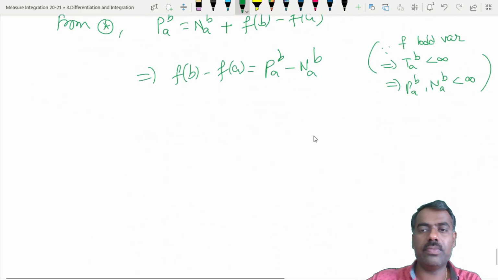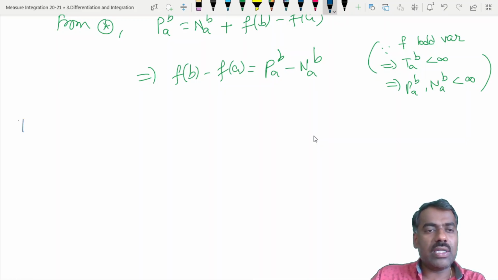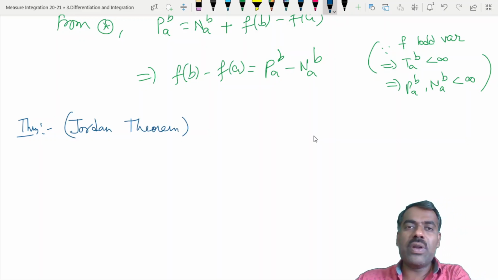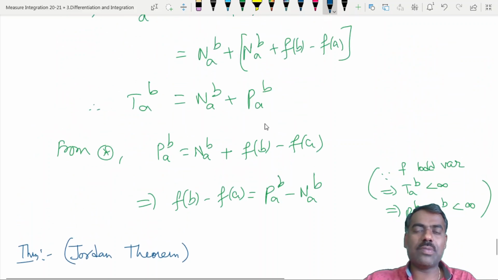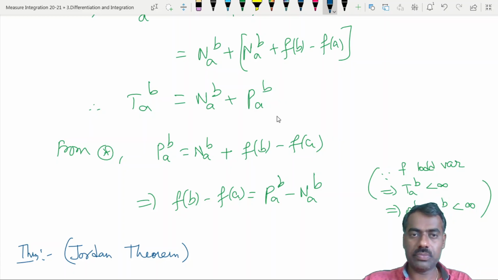Okay. Now we'll prove an interesting result which is due to Jordan. You can also call it Jordan's theorem, which says that if f is of bounded variation, then it can be written as the difference of two monotone real valued functions, and it is if and only if.